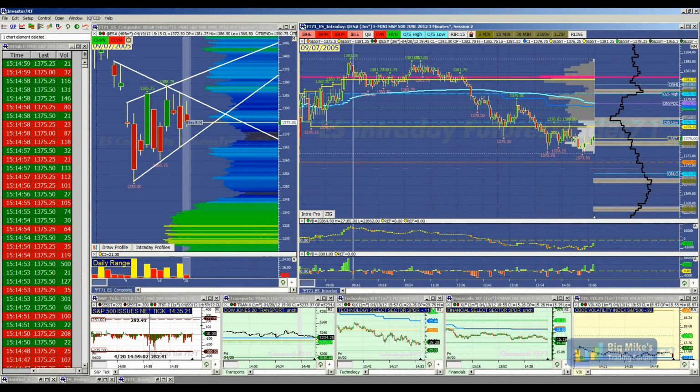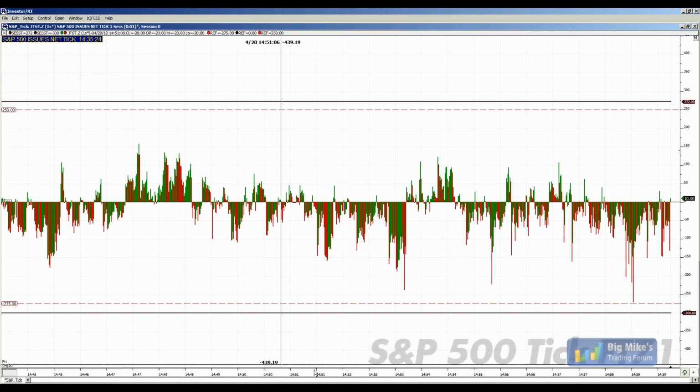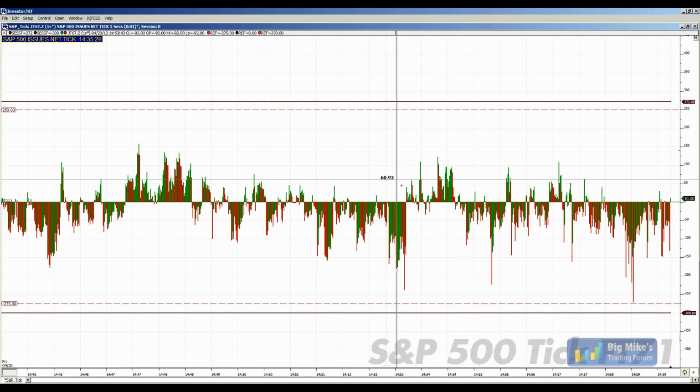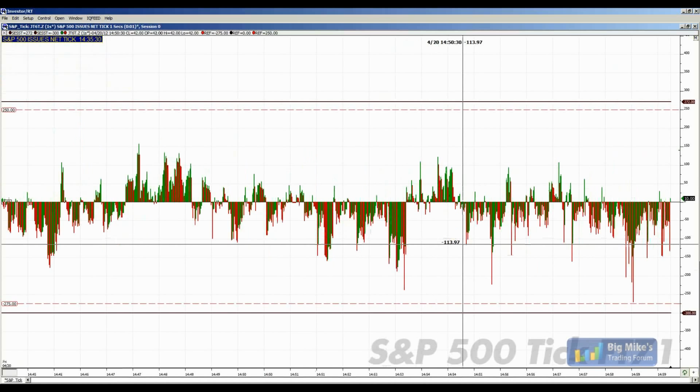I'm looking at internals. This chart down here is the S&P 500 tick. I do not look at the New York Stock Exchange tick. I just personally have done a lot of testing. I don't really care that a universe of 8,700 prices are ticking up or down. I'm trading the S&P 500, therefore I want to know how many stocks within the S&P 500 are up ticking or down ticking.